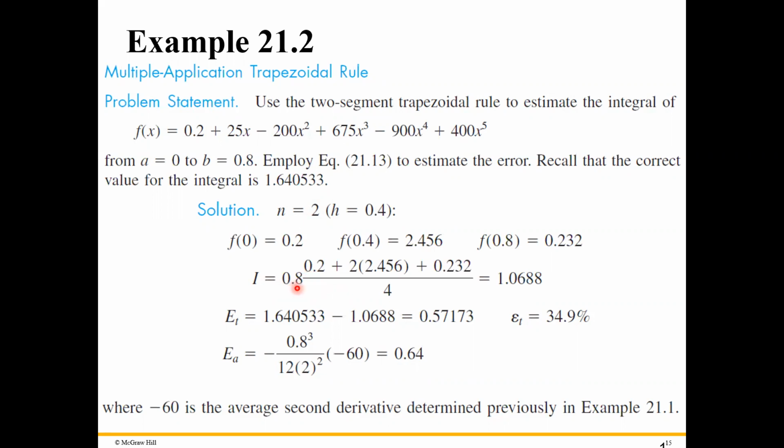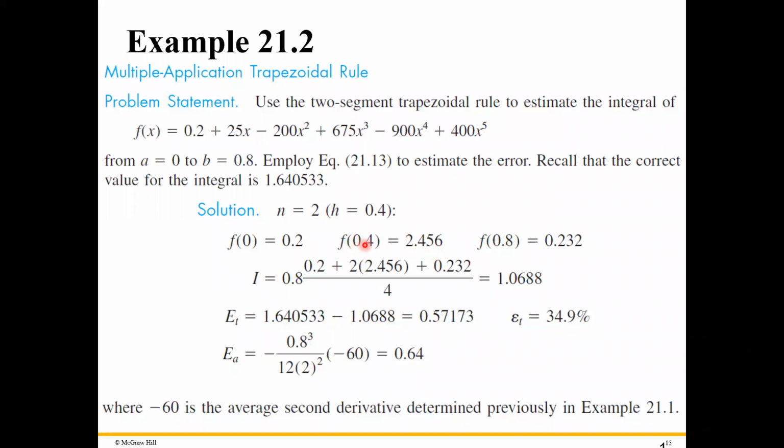So 0.8 is b minus a, and then 0.2 is the value at the first point. 0.232 is the value at the last point, and the value at the middle point at 0.4 is 2.456.